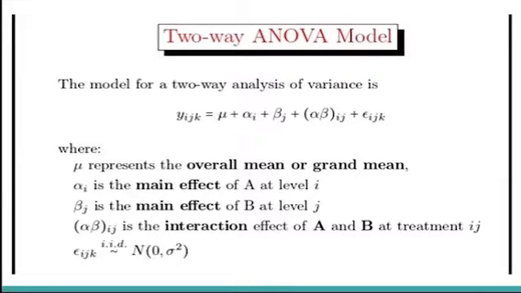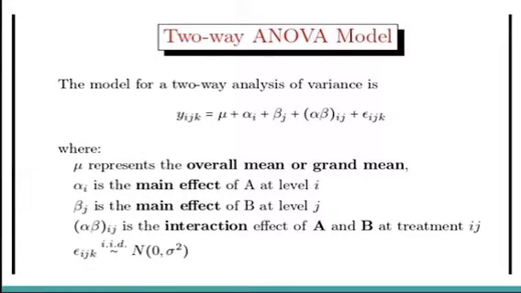This is what you're actually going to write. This is a model for two-way analysis of variance where you have a response y ijk equal to the overall mean mu, plus alpha i, the treatment effect for factor A, plus beta j, the treatment effect for factor B, and the combination alpha beta ij acts as the interaction between factor A and factor B. The error epsilon ijk is the random part.